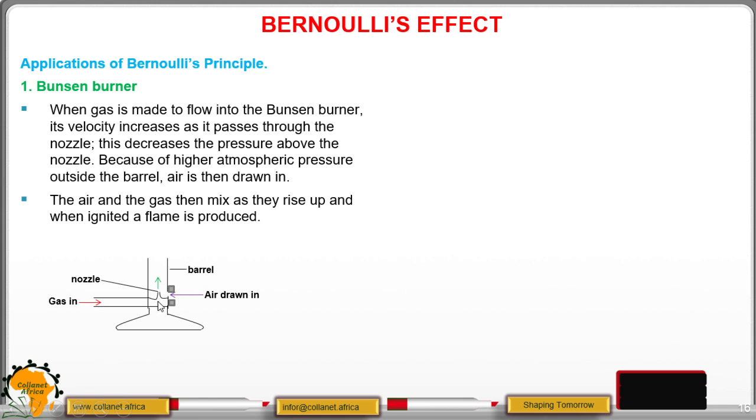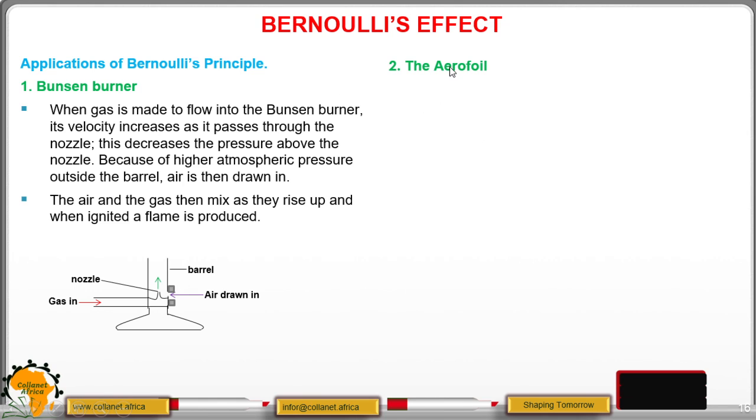It is because at this particular point in the nozzle, the cross-section area is very small. Therefore, the velocity is very, very high, and that means you will reduce pressure at this point. So air will be drawn in from where we have high pressure to low pressure, and then be ignited.